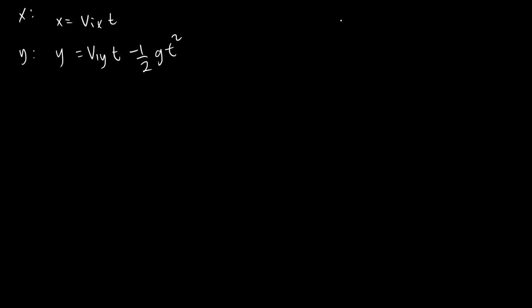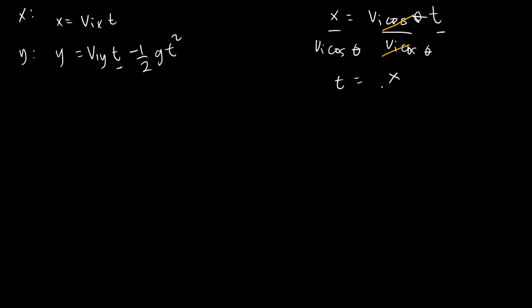So x here is equals to v sub i cosine of theta times t, and we will solve this in terms of t so that we can eliminate time here. So this becomes v sub i cosine of theta divided by v sub i cosine of theta, and this cancels out. So this will give us t is equals to x over v sub i cosine of theta.